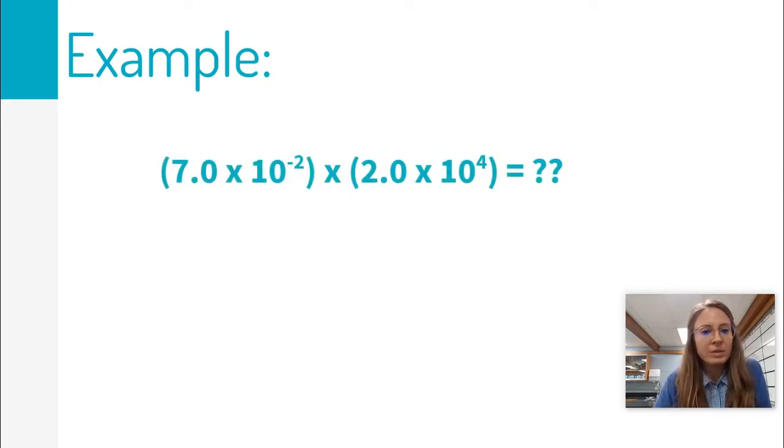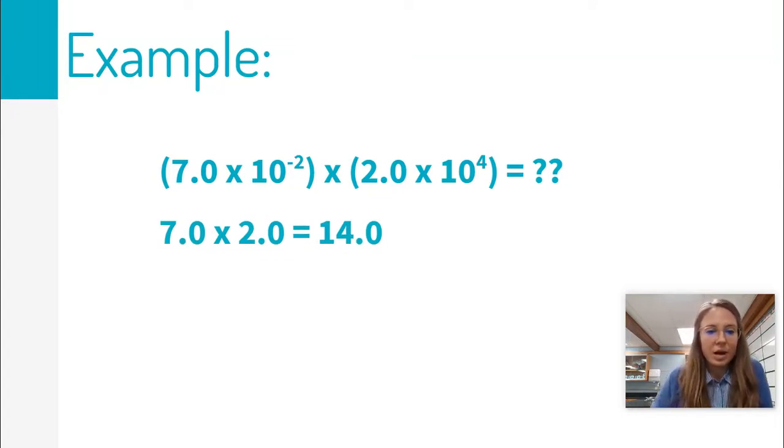Let's say that we are multiplying 7.0 times 10 to the negative second by 2.0 times 10 to the fourth. The first step was to multiply the coefficients. So I'm going to multiply the 7 by the 2 to get 14. Simple as that. The second step was to add the exponents.